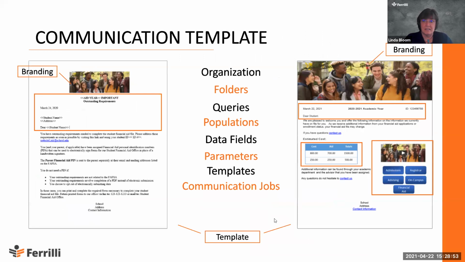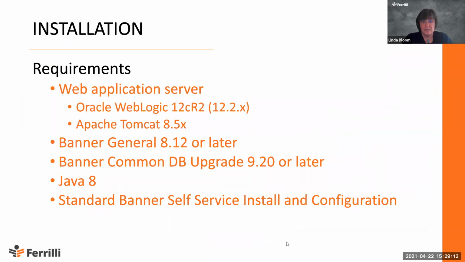And then it'll be listed in your communication job if it went through successfully. And then once it's through, you have the option to view all the communications that were sent in your folder. And then depending on how large your folder gets, you can start archiving them. And that's it for the process part.